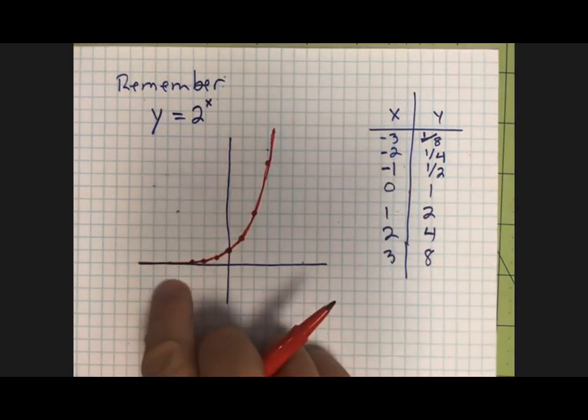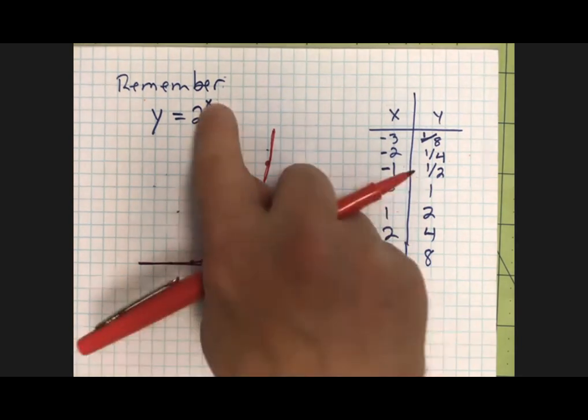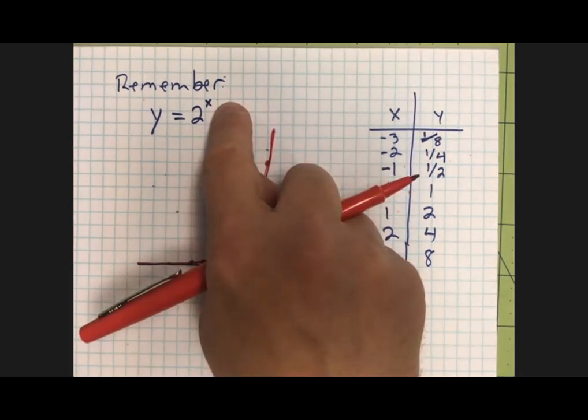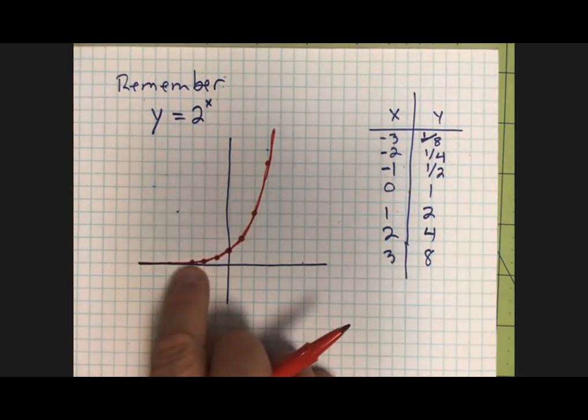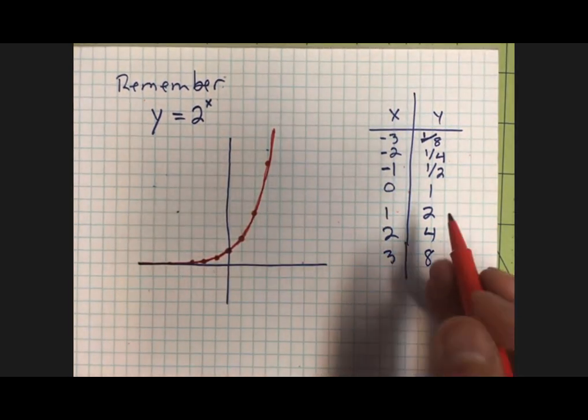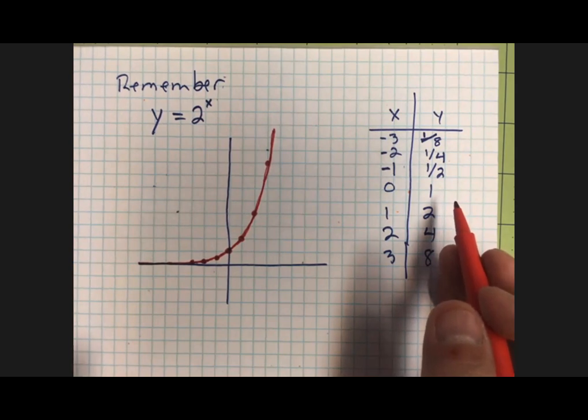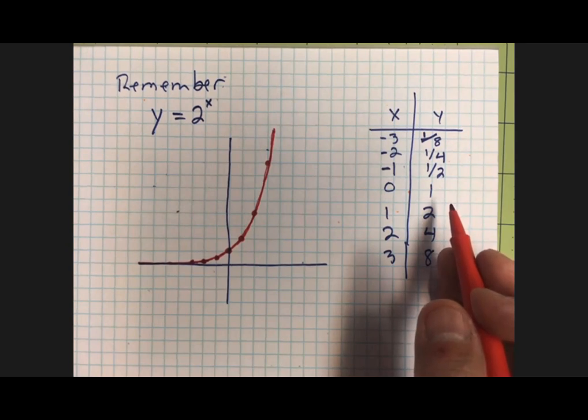As long as you don't draw below, it never goes below. 2 to the x is never a negative number. I don't care what x you pick. It always stays above. You know, an 8th, a 16th, a 32nd, a 64th, a 128th. 1/128 is tiny, but it's not negative.